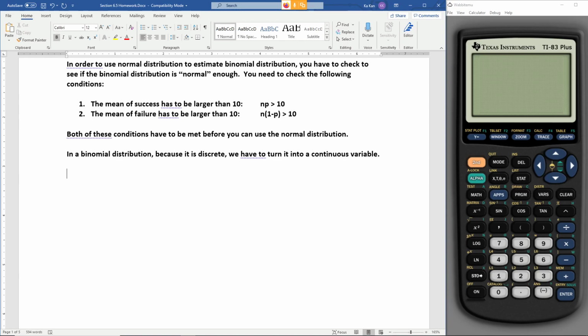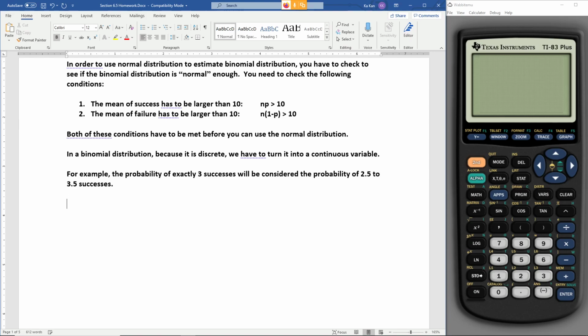So if you're talking about the probability of exactly, say, 3 successes, it will be considered the probability of 2.5 to 3.5 successes. Basically, we take the 2.5 to 3.5 probability and mash that together into 3.